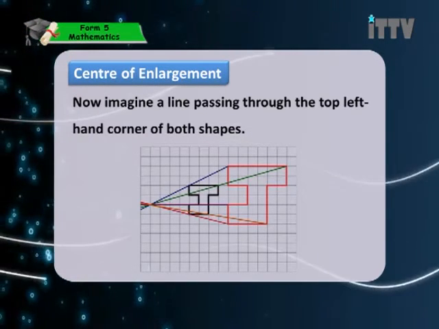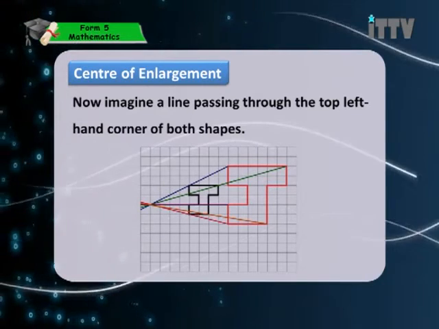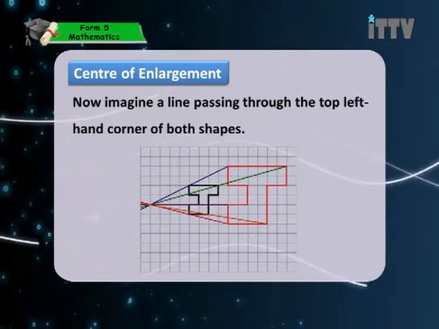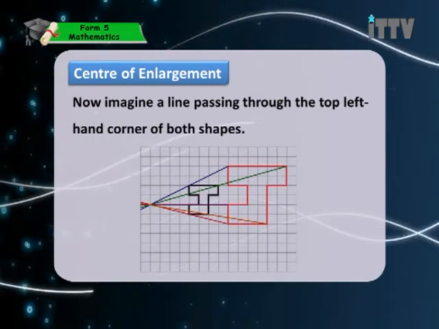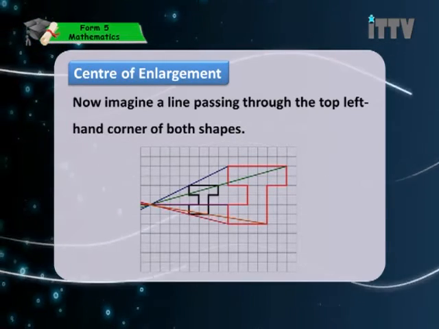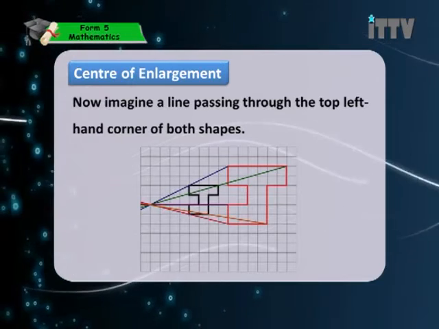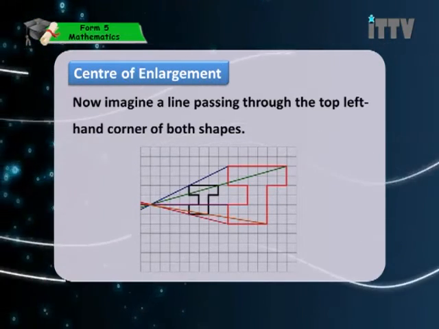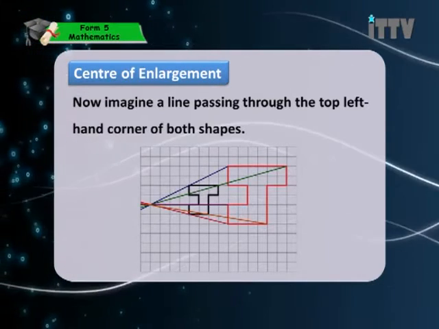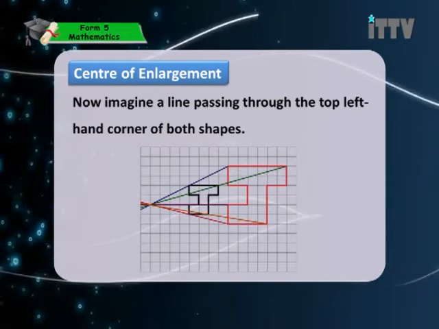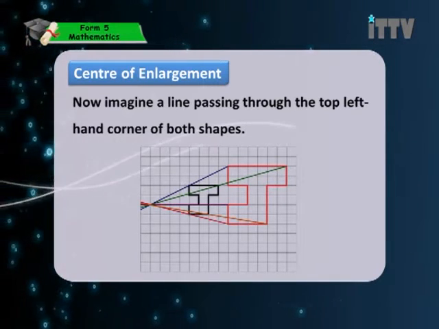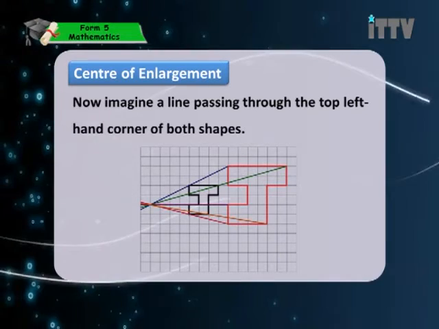Now, imagine a line passing through the top left-hand corner of both shapes. Every corresponding point, although they are at different positions, when we choose corresponding points, top left-hand or top right-hand corner, and join them together and prolong the lines, they will intersect at a common point.